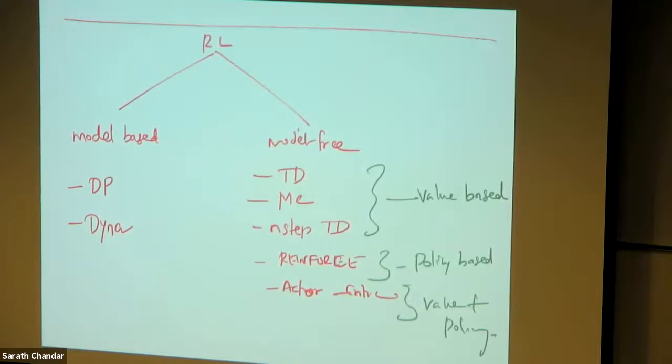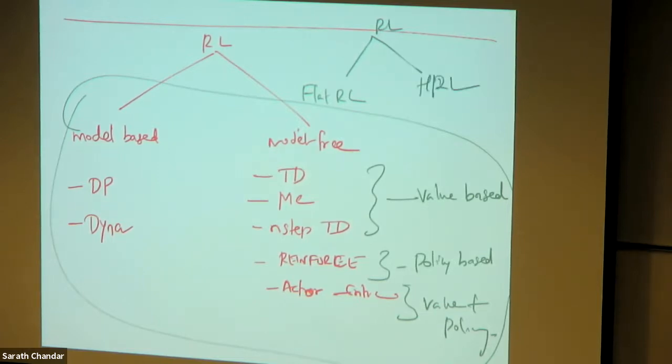So today we discussed one more level of generalization. You could just consider all these things as flat RL algorithms, which means you can develop a hierarchical version of all these algorithms if you want. We saw some examples for Q-Learning, but you can take any of these algorithms and develop a hierarchical version by using the SMDP framework.